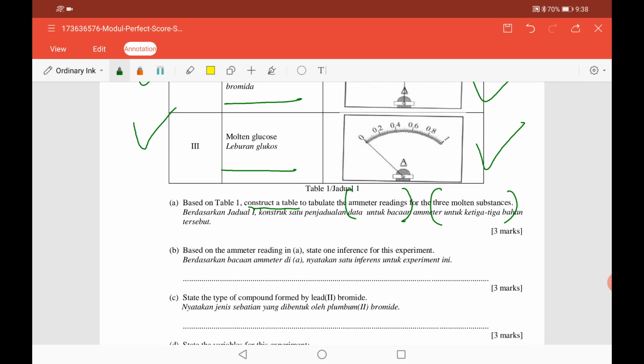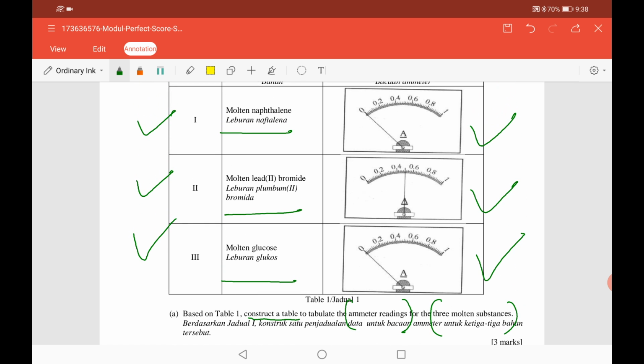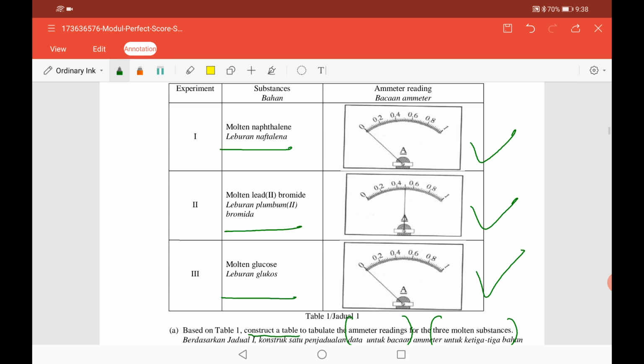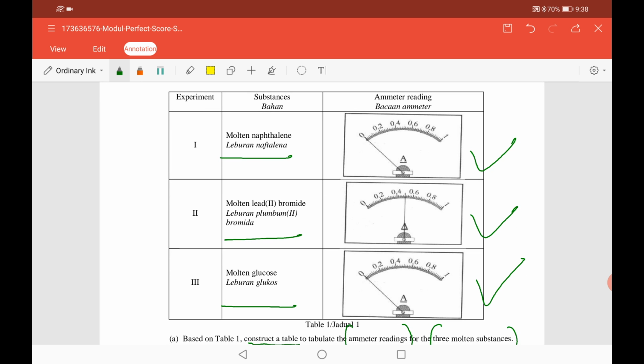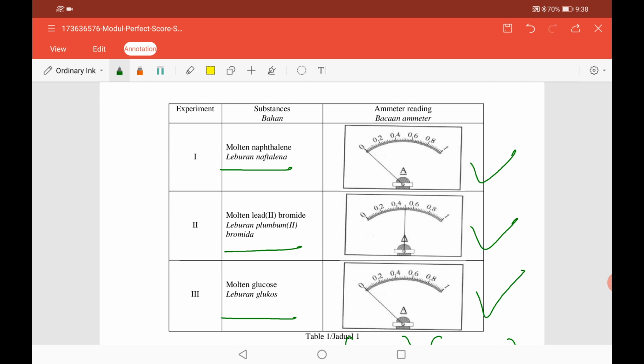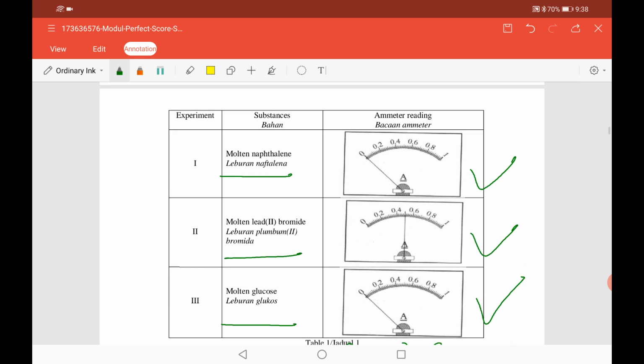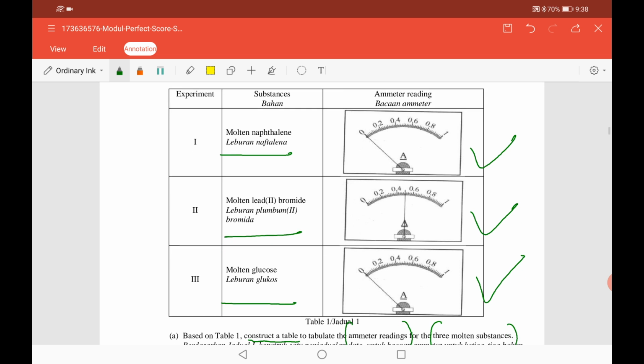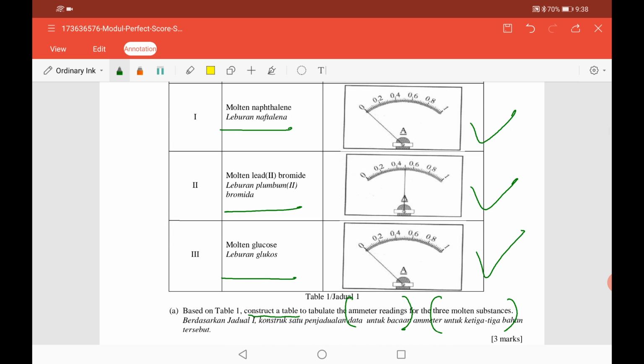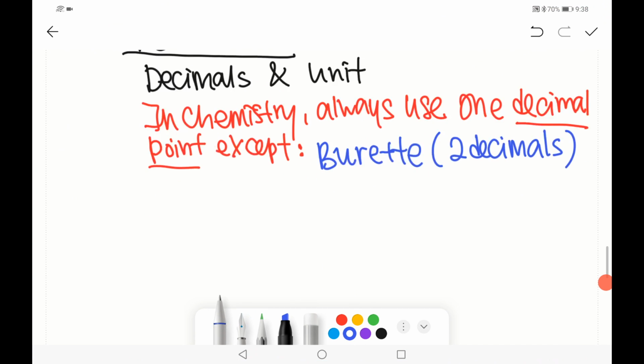When we want to set up a table, a simple thing is that you can copy back exactly the same table they give you here. So if I want to do it, I can do it like this.